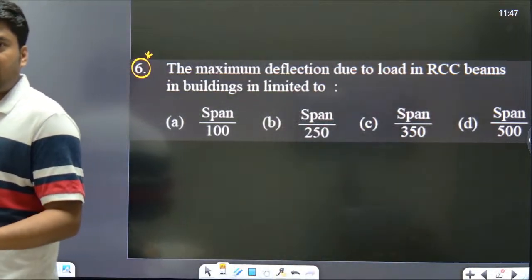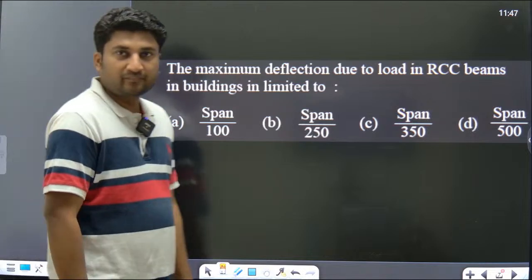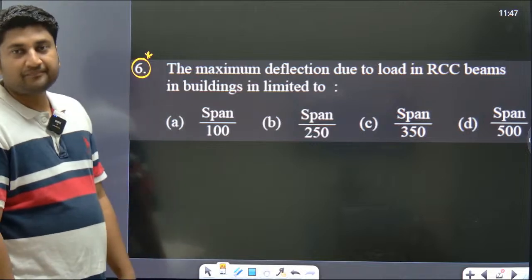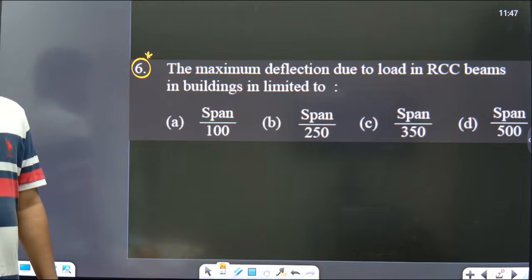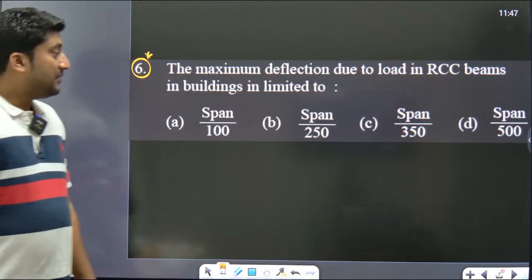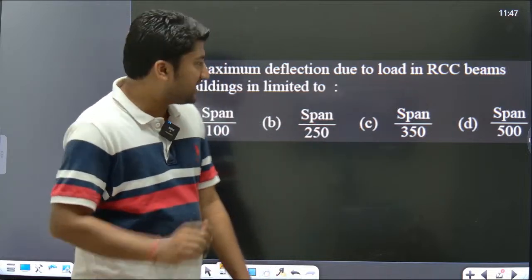Please answer this very carefully. What will be the correct answer? Very good. Very good. Because there is a confusion of span by 250 and span by 350. Okay, there are two codal provisions.